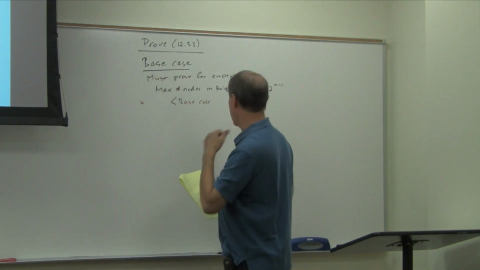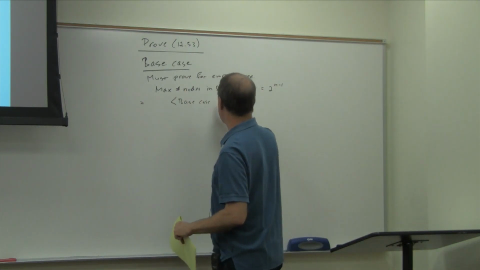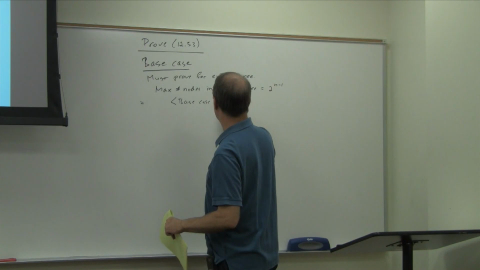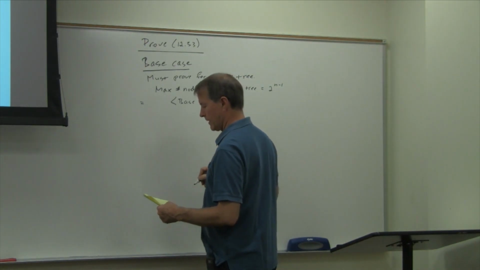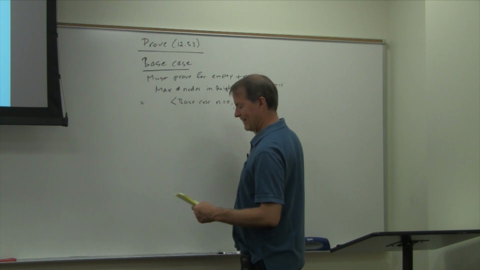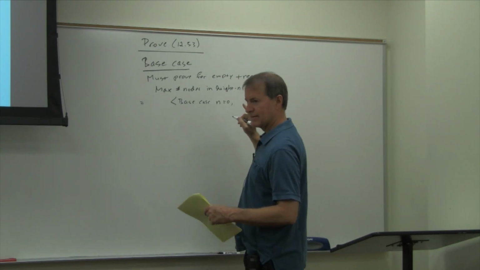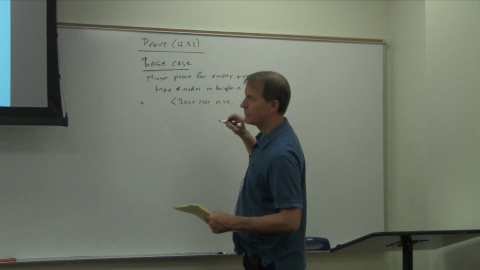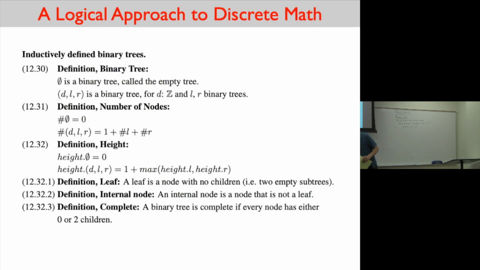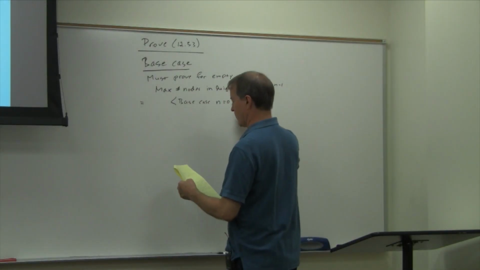Base case n equals 0, because doesn't that say for n greater than or equal to 0? Can we do it in one step so we don't have to do it again? Yes, base case n equals 0, and the empty tree has, what's that, 12.32. So it tells us that height 0 is the empty set. 12.32, right? Okay, so base case n equals 0 and 12.32.